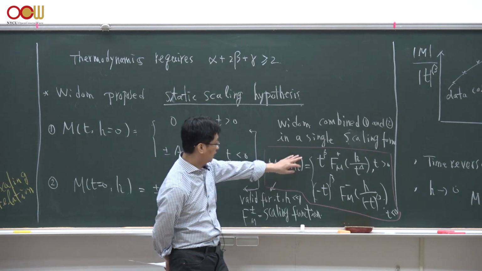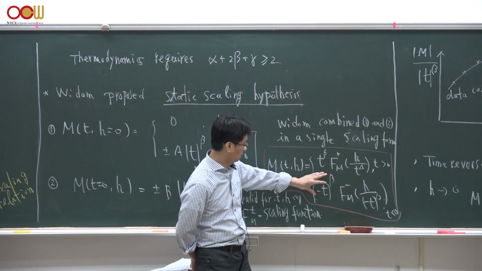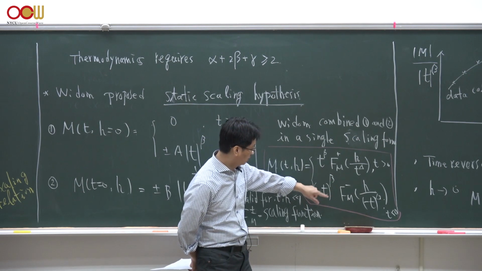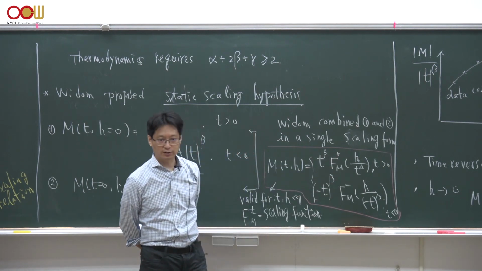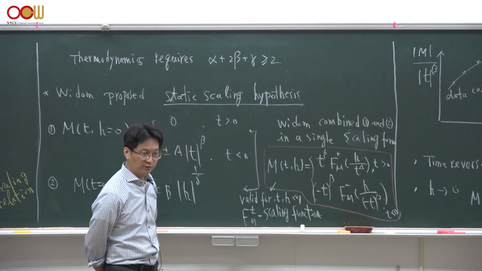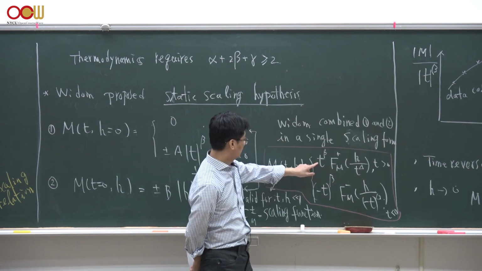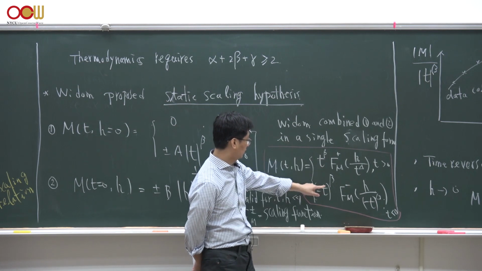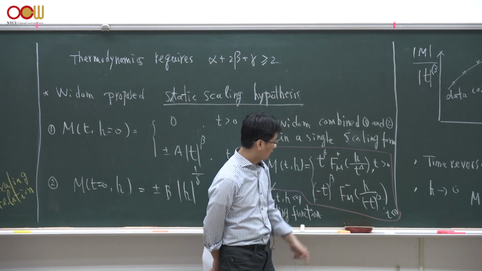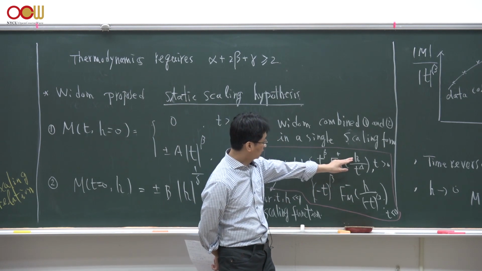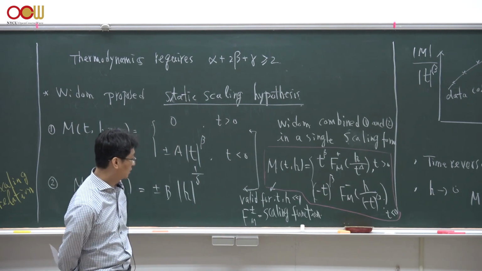So you can see that these two forms are almost identical, very similar in functional form, except now you just put the plus and minus to represent the scaling functions above and below the transition temperature. Other than that, this behaves as t to the beta and minus t to the beta, and this F plus and F minus are both scaling functions of h divided by t to the power of delta, and delta will be determined later.